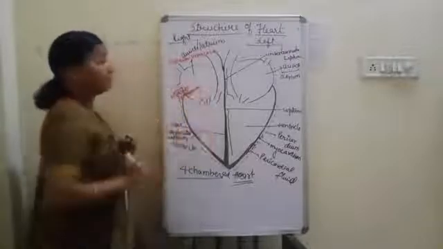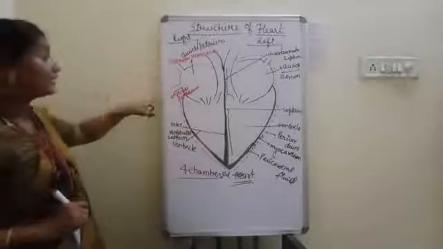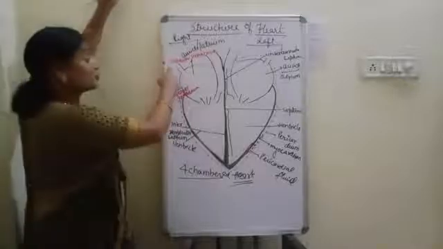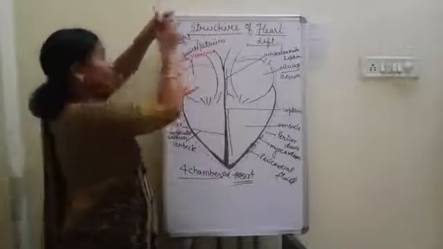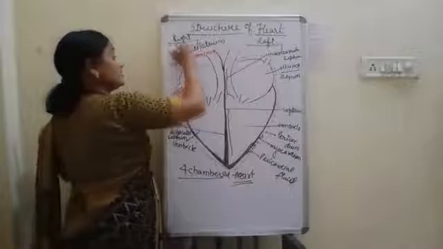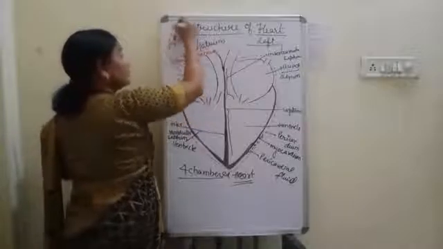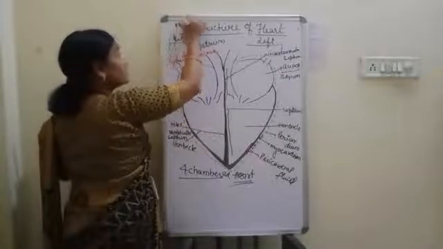Now children, what is the function of these veins? This superior vena cava brings deoxygenated blood from the brain because it is upside.